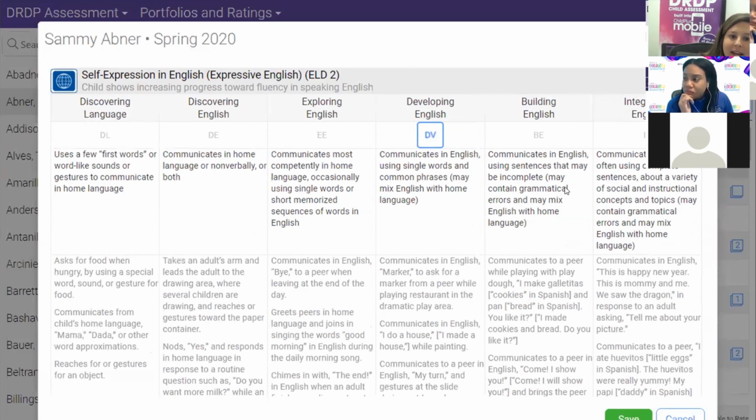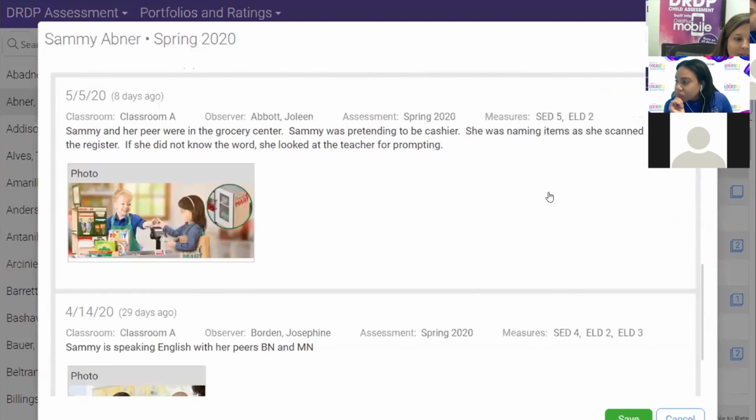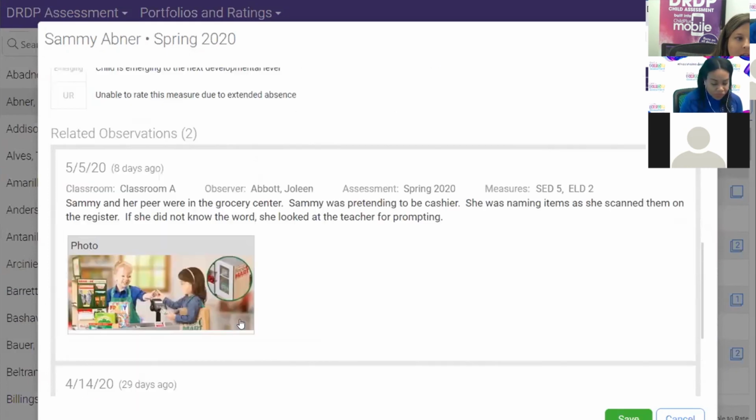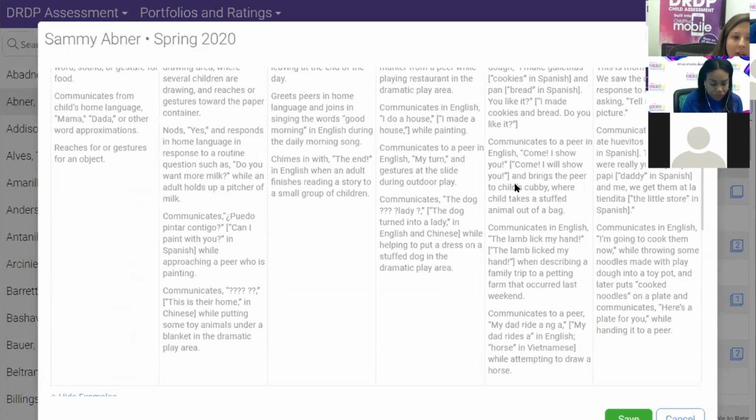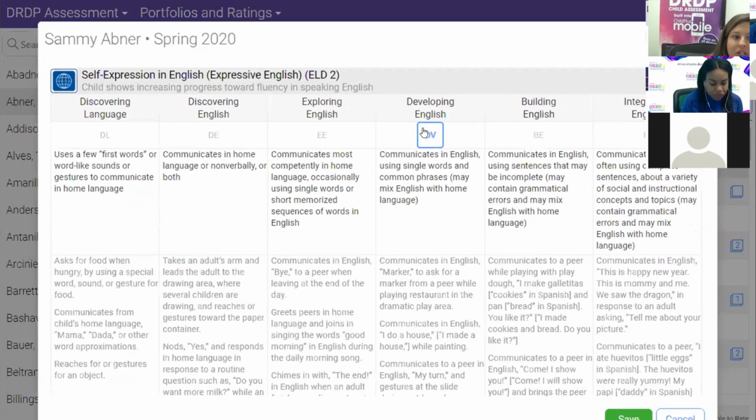But I don't really have any observations or any data to support the fact that she's speaking in sentences. So I'm going to go ahead and select developing English. But because of what I'm seeing down here with having conversations with her peers, I'm going to go ahead and select the emerging, just like Carolyn showed you to do in the other one. And I'm going to say that she's working towards building English, but she has mastered developing English.